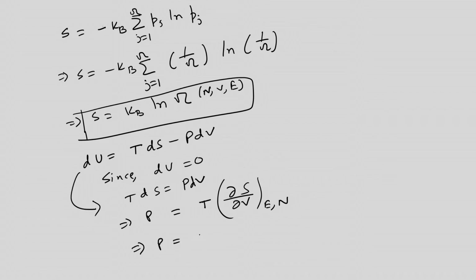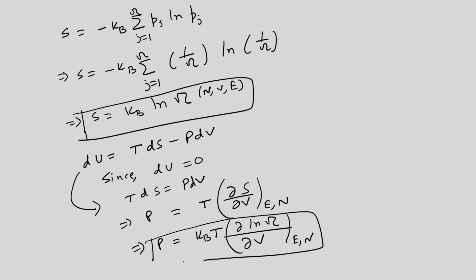So, P is kBT del ln omega by del V, at constant energy and number of particles.